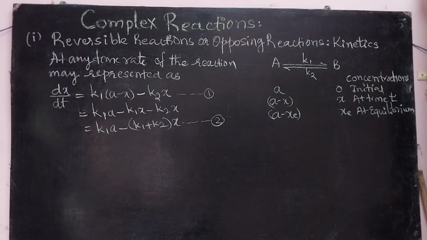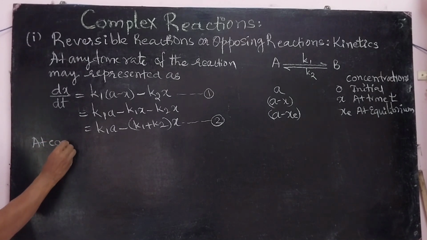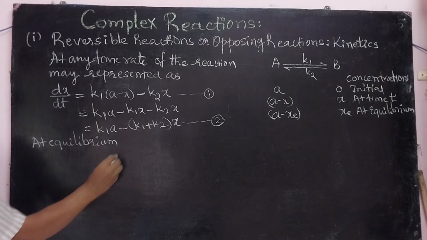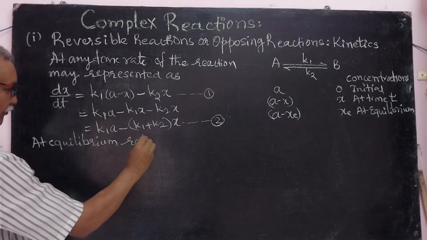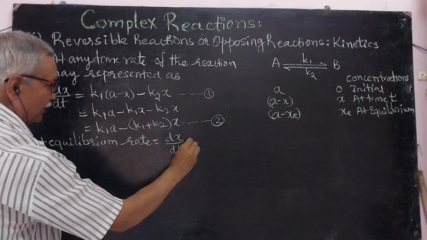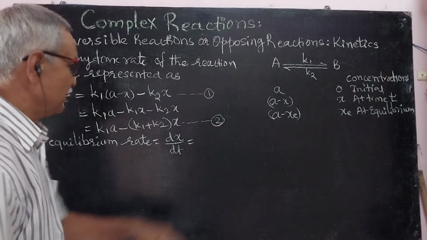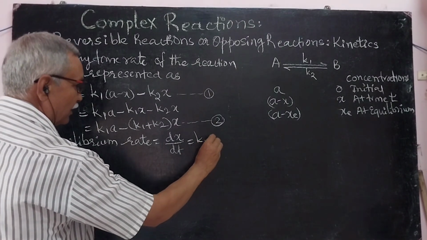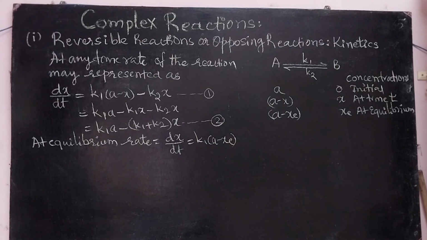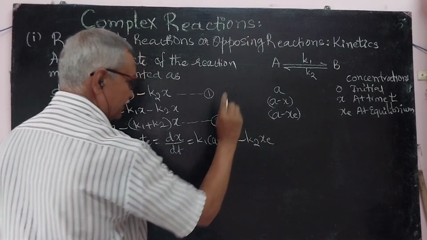Now, at equilibrium, dx by dt is equal to rate of forward reaction K1 into (A minus Xe) minus rate of backward reaction K2 into Xe.